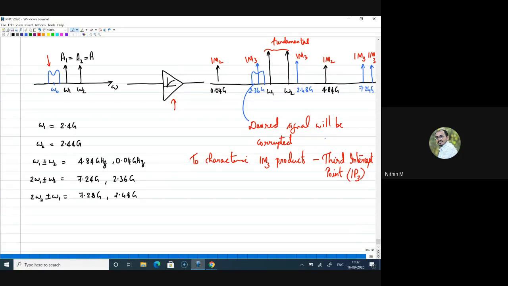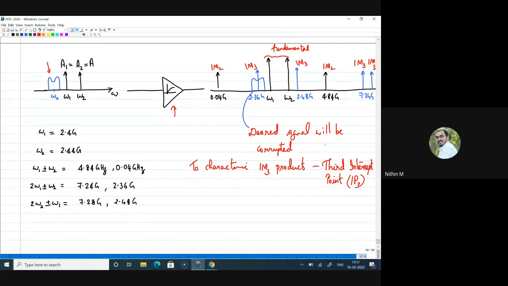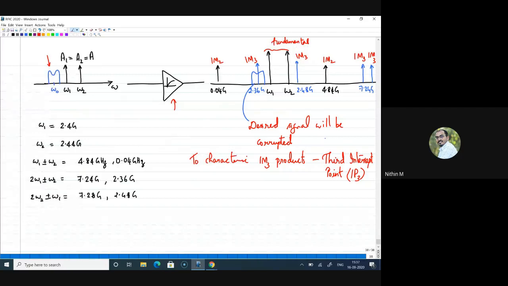Why it is called an intercept point is because of how we arrive at that metric. As with the 1 dB compression point, which we refer to at the input and output side, in a similar way we refer to IP3 at the input side as input intercept point 3, IIP3, or if I am defining it at the output, it is OIP3, output intercept point, right?